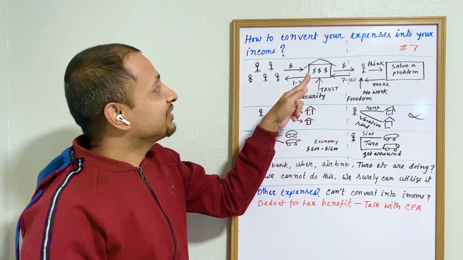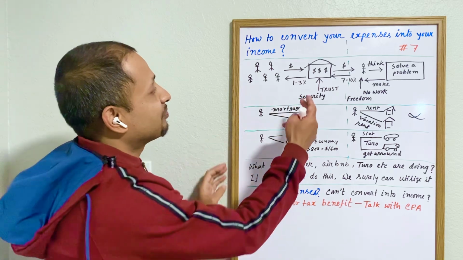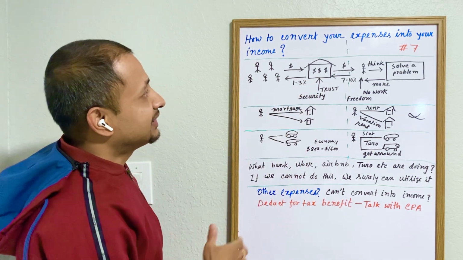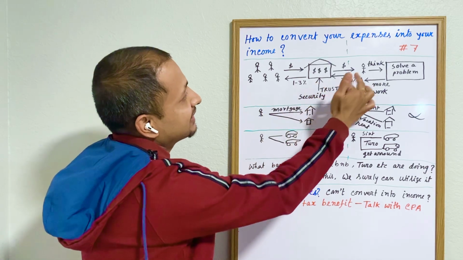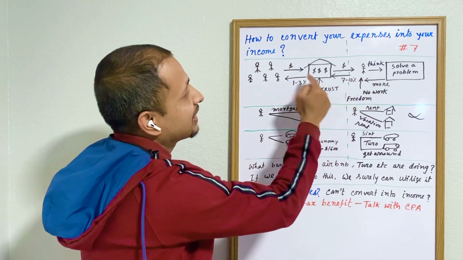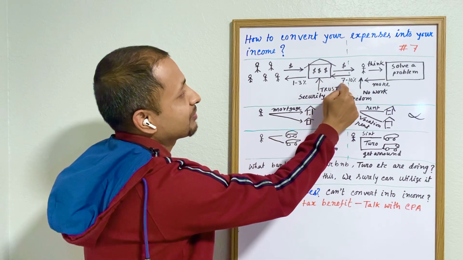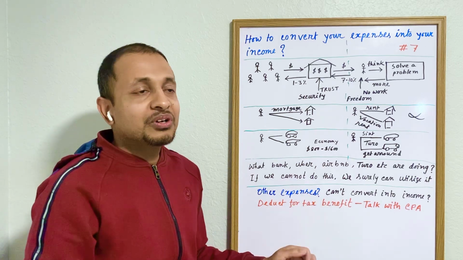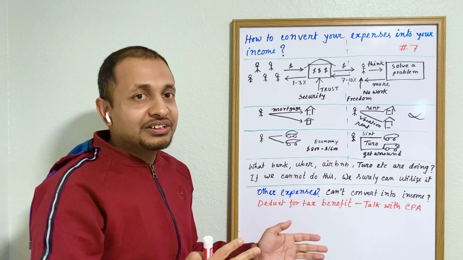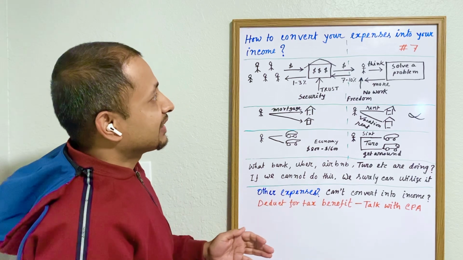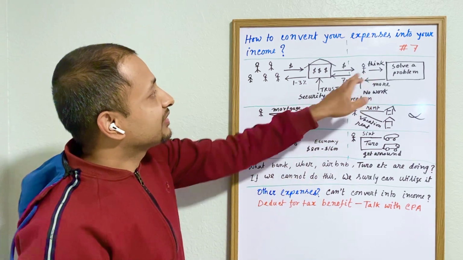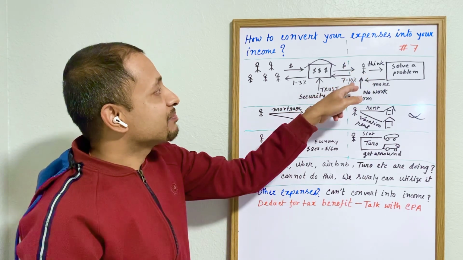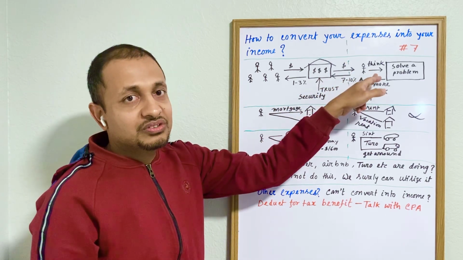Think about this: how are they converting this expense into their income? They are lending this money to someone over here at a higher interest, probably 7 to 10%, as a mortgage or personal loan or business loan or whatever format. And someone over here gets this money and thinks, okay, now I get a lot of money from the bank, what can I do?